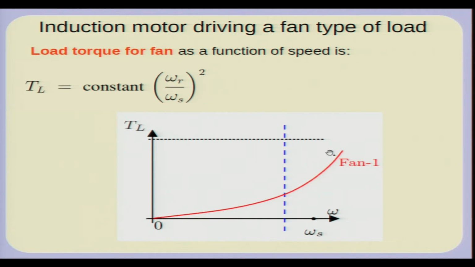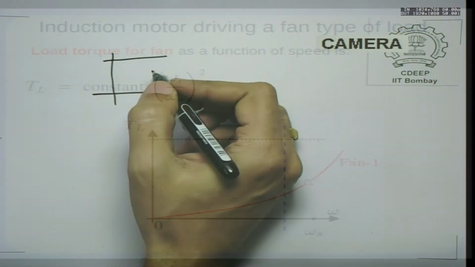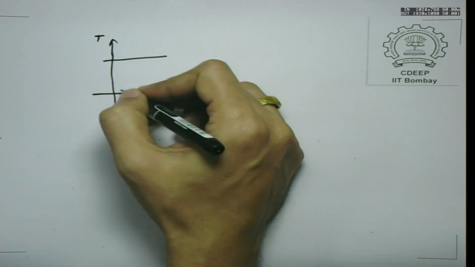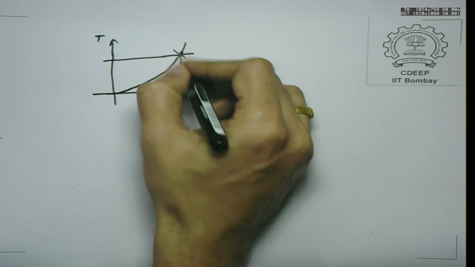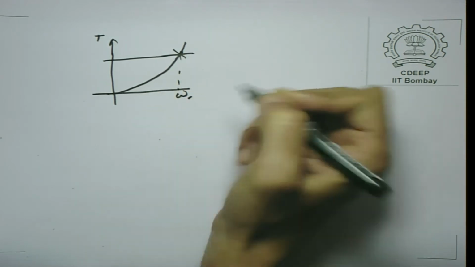If you have a motor with, let us say, a constant torque characteristic, then wherever these two characteristics intersect, that is the speed at which the electromagnetic torque created by the motor equals the load torque, that is the mechanical torque due to the fan, and this is the speed at which the machine will rotate.